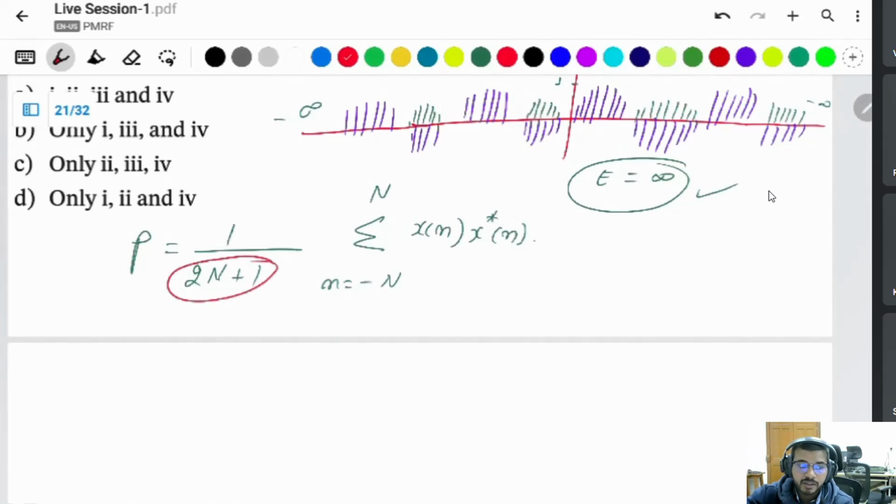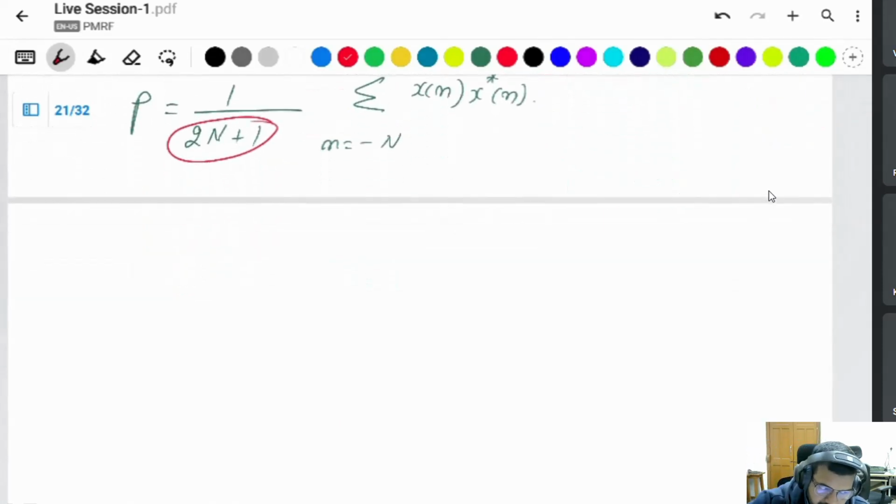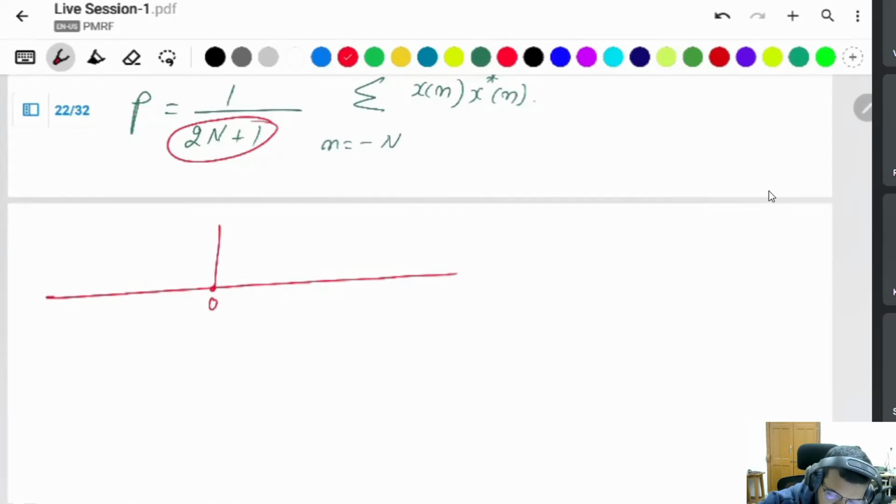Let's suppose a periodic signal: 0 here, then 1, 2, 3, dot dot to N. Same thing here: minus 1, minus 2, minus 3, up to minus N.